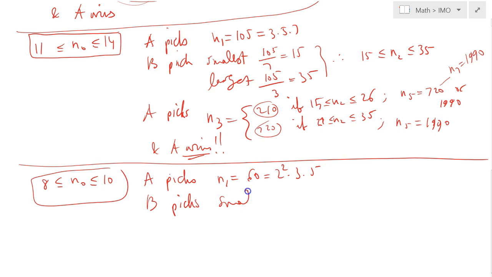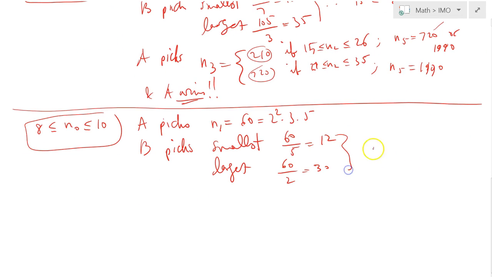The smallest that B can pick, 60 over 4 is less than 5, so we need to pick 5, 12. And the largest would be 60 over just the 2, so it would be 30. As a result, N2 would be between 12 and 30.